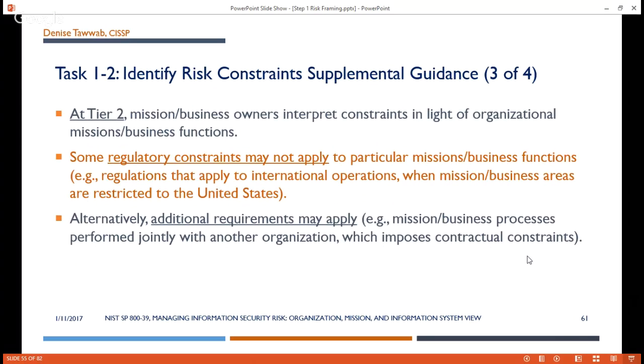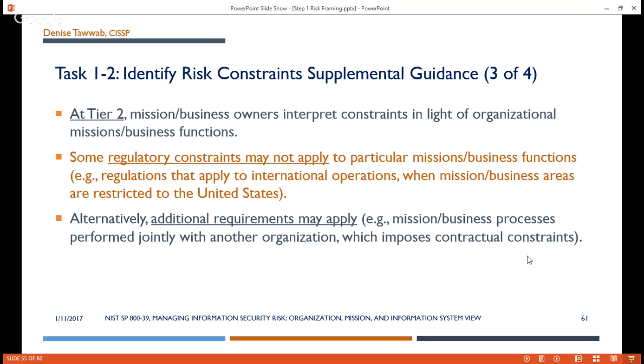At tier two, that's the mission business process level. Business owners interpret constraints in light of the mission business functions that they're in charge of. So tier one is the organization level, which is the high level view. But at tier two, you're down at the business level. Whoever's looking at risk constraints is looking at them in light of the mission business functions.